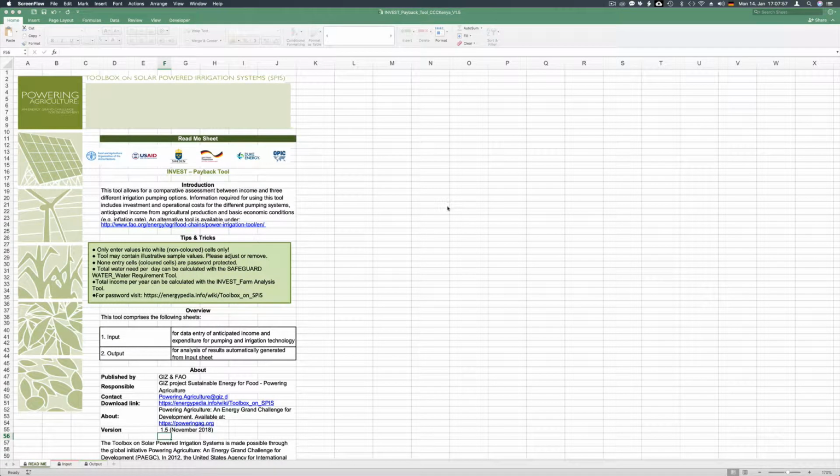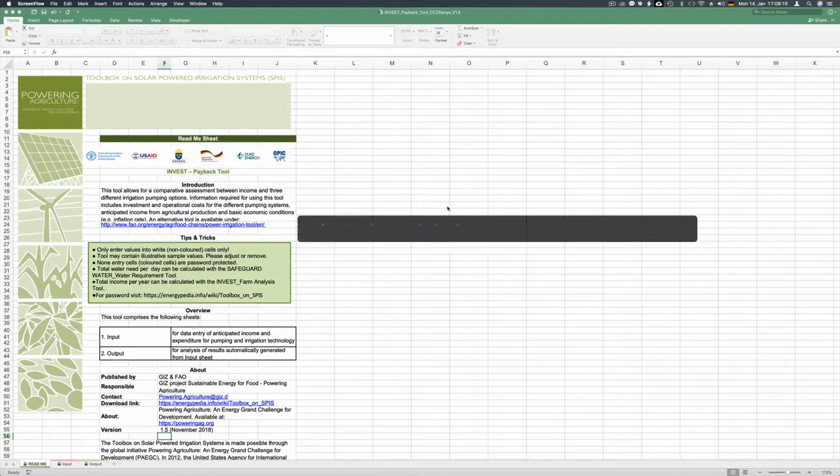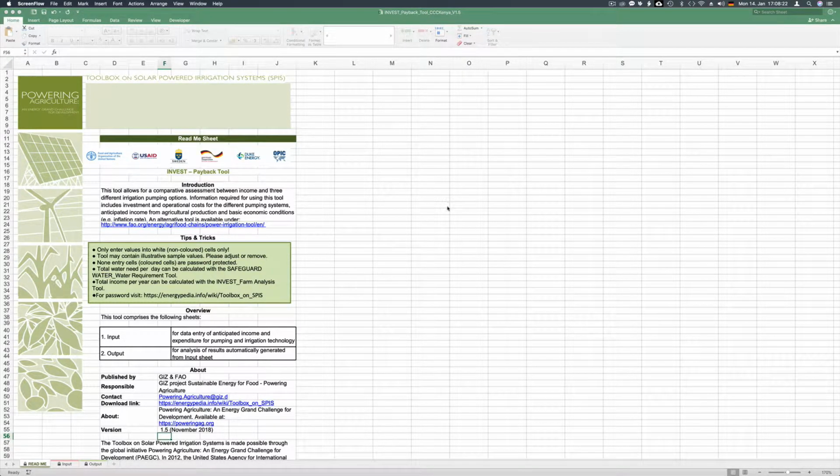Information required includes investment and operational costs for the different pumping systems, anticipated income from agriculture production, and basic economic conditions, for example, inflation rate. An alternative tool can be found at the FAO website as indicated on this sheet.